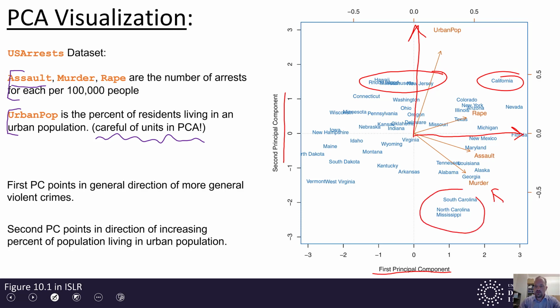The ones in the opposite direction from PC2, South Carolina, North Carolina, Mississippi, have less urban population. So PC2 corresponds to urban population. We can see that because urban population is put in here, shown with this orange vector. It shows you the direction of urban population. So there's some nice organization in the data: the assaults group roughly in the direction of the first PC, and urban population is more in the direction of the second PC.